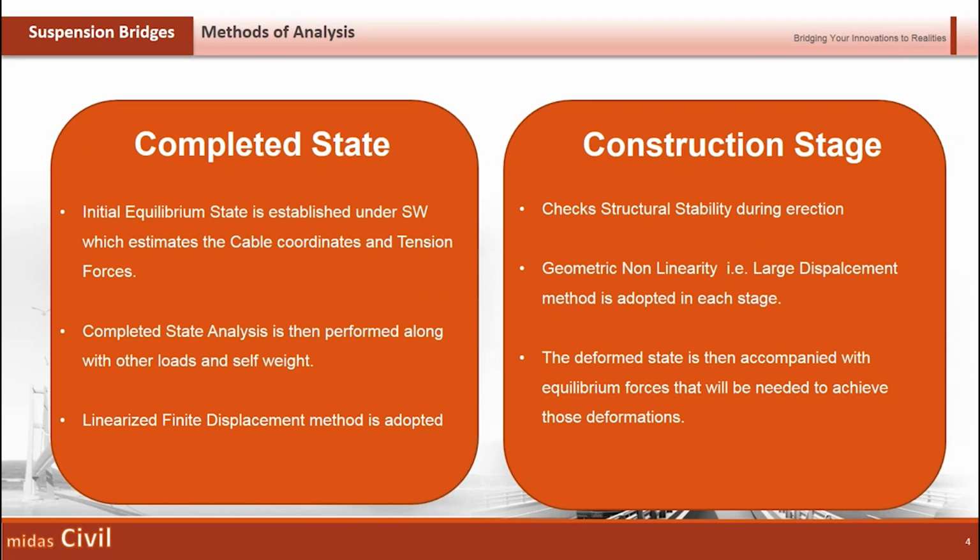So we need to do large displacement analysis, and for that we have to consider geometric nonlinearity. For each stage in the construction stage analysis, we have to consider geometric nonlinearity. The deformed state is then accompanied by the equilibrium forces needed to achieve the large deformations. So this is a brief about completed state analysis and construction stage analysis.